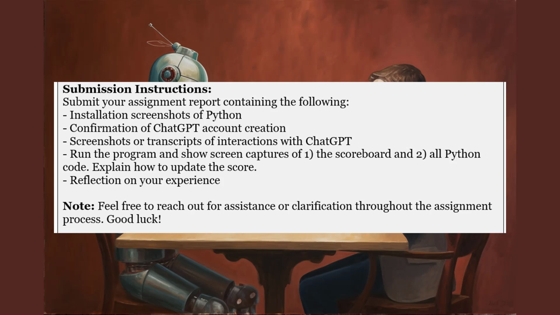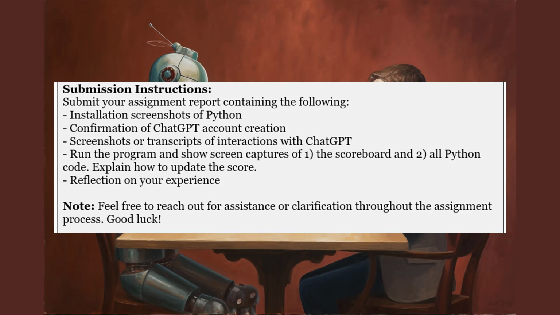Submission instructions. Submit your assignment report containing the following: installation screenshots of Python, confirmation of ChatGPT account creation, screenshots or transcripts of interactions with ChatGPT, run the program and show screen captures of 1. The scoreboard, and 2. All Python code.